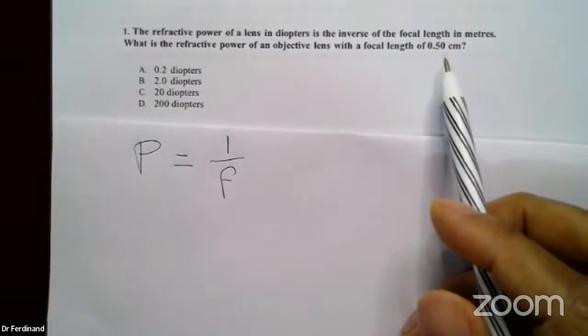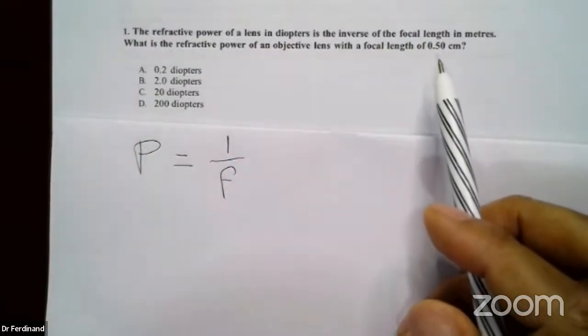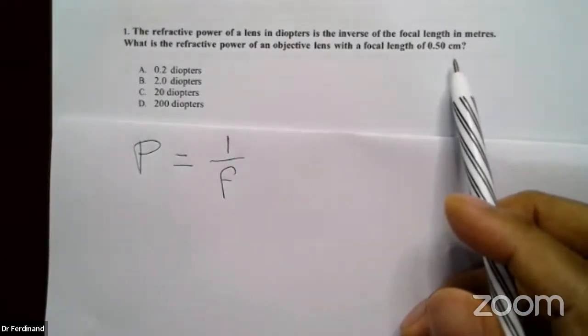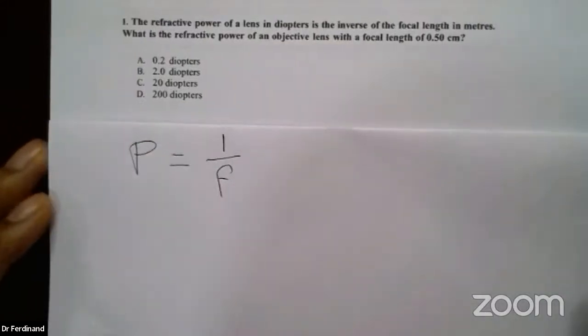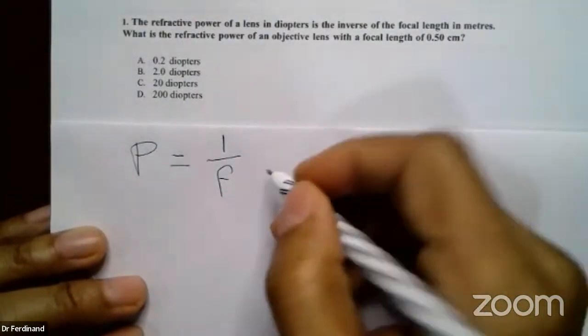So what do we have? We have 0.5 centimeters, but a centimeter is 1/100th of a meter. Centi is referring to the 1/100th of a meter. So we have to put the focal length in meters.